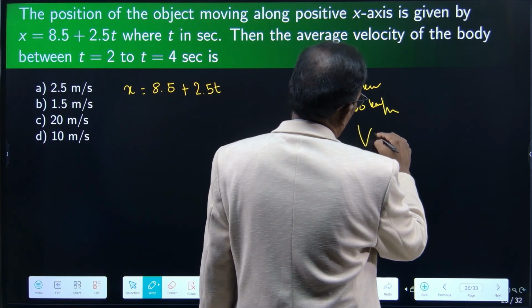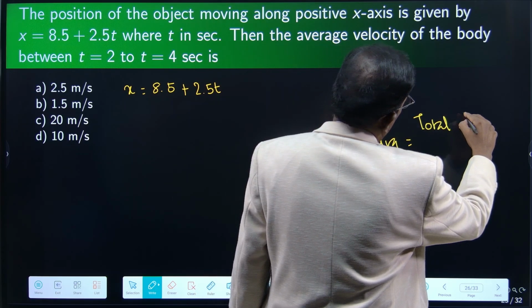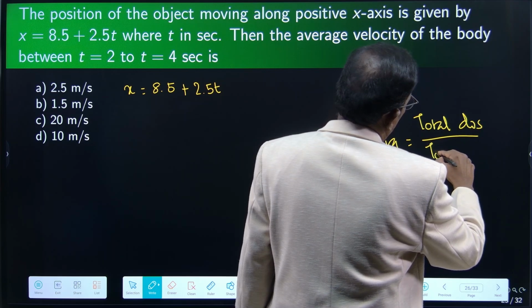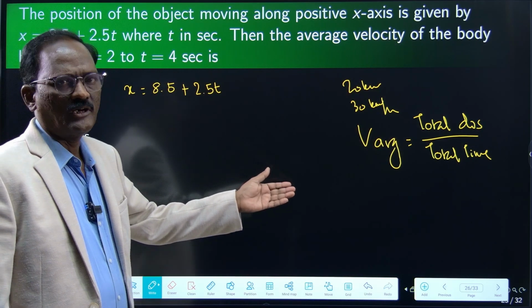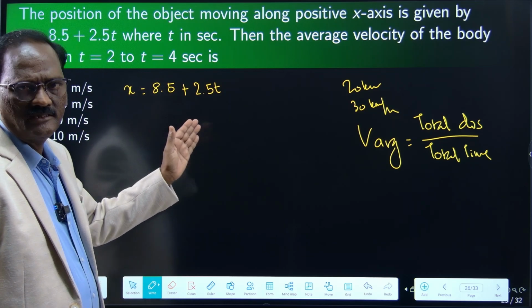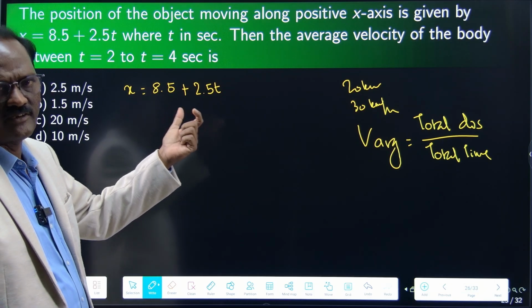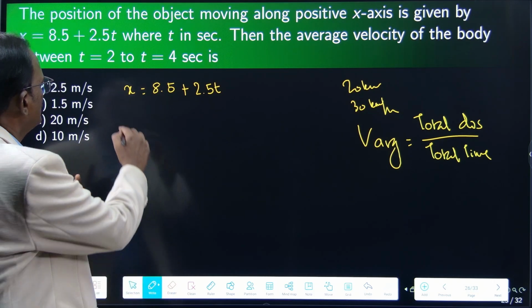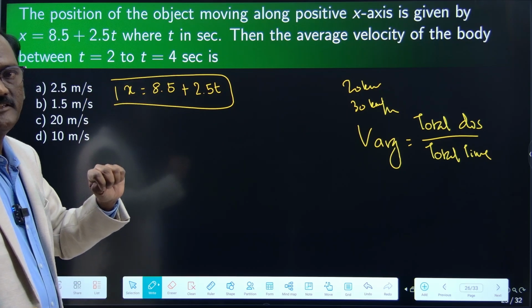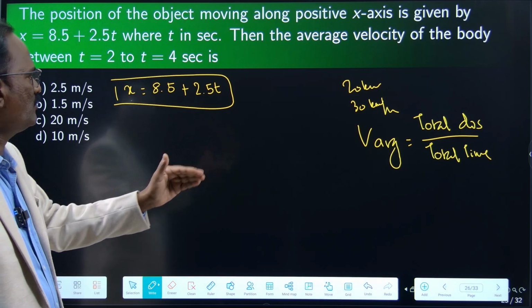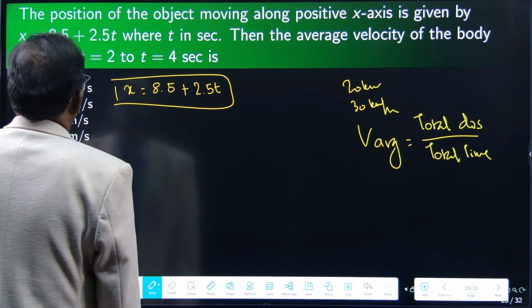So we use the formula V average is equal to total distance or displacement over total time. But in another 2 or 3 problems, we need to use the differentiation formula or the delta formula, incremental formula, because the question is going to be coming with equations. Equation related problem I have taken now. So x is equal to 8.5 plus 2.5t.